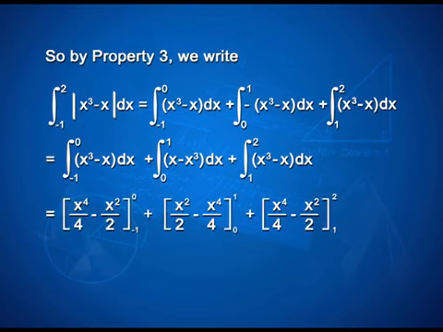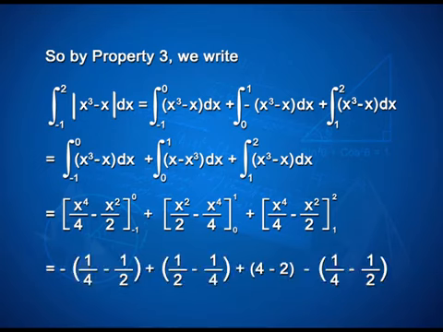On solving, we get x^4/4 - x^2/2 with limits -1 and 0, plus x^2/2 - x^4/4 with limits 0 and 1, plus x^4/4 - x^2/2 with limits 1 and 2.